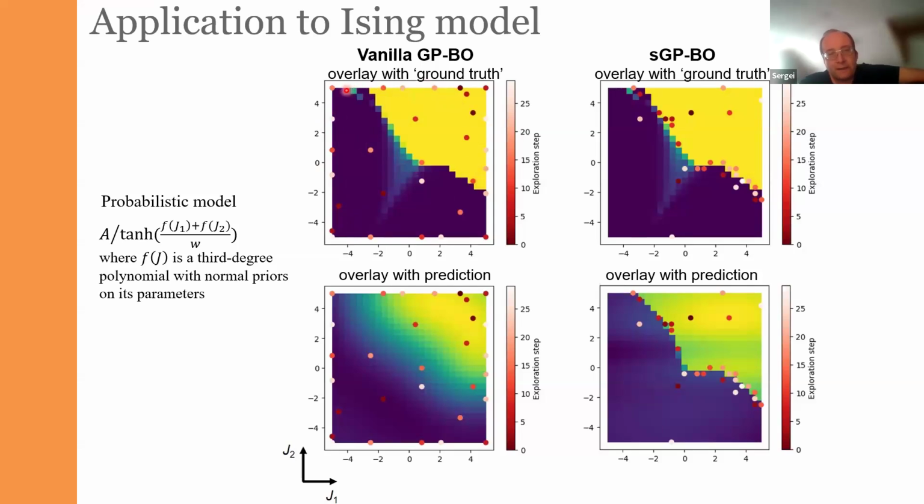The data that you see underlying this image is the ground truth behavior for the magnetization, which we calculated on the grid. The dots are what happens when we explore the system using the classical Gaussian process. You can see that the exploration path has sampled properties pretty much all over the parameter space. And on this one, you have the overlay with the prediction.